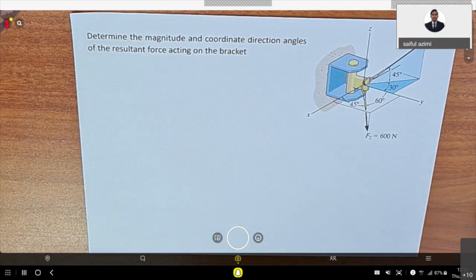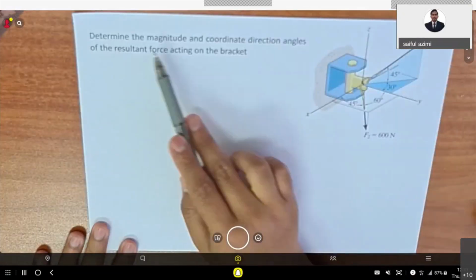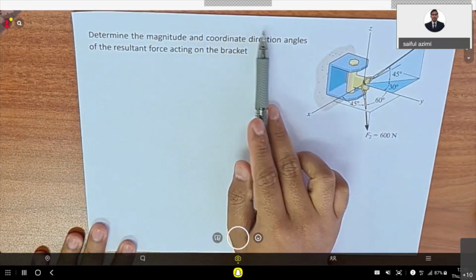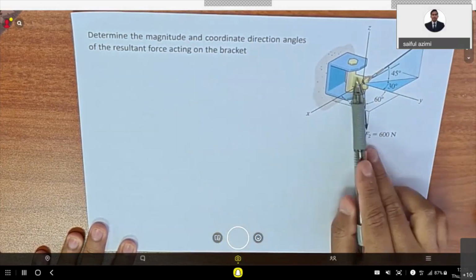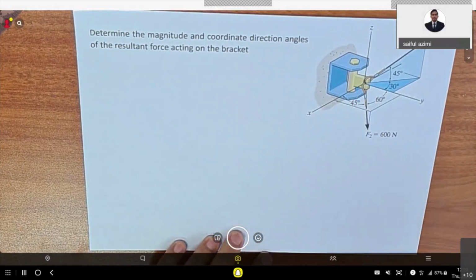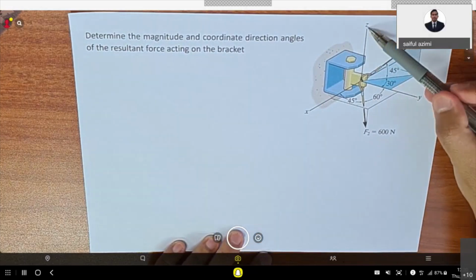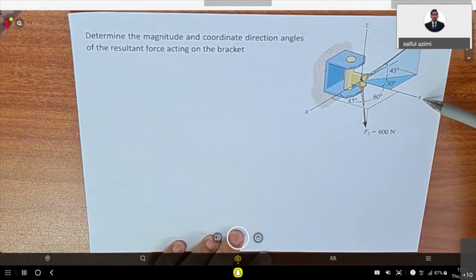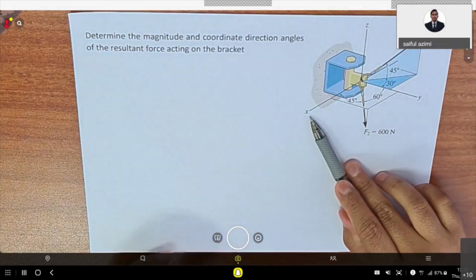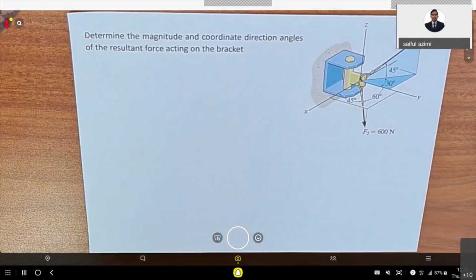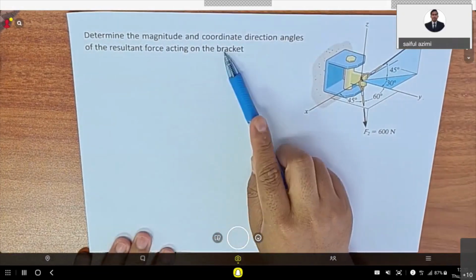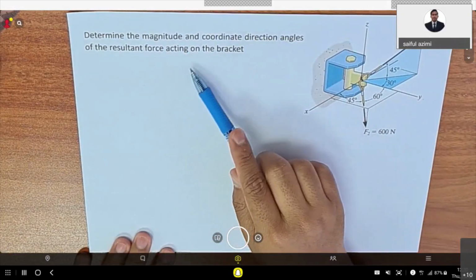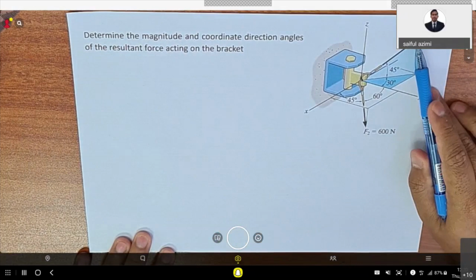The example asks you to determine the magnitude and coordinate direction angles of the resultant force acting on the bracket. So this is the bracket. You can see you have the z-axis, the y-axis, and the x-axis, so it means that this is 3D because you have three axes.